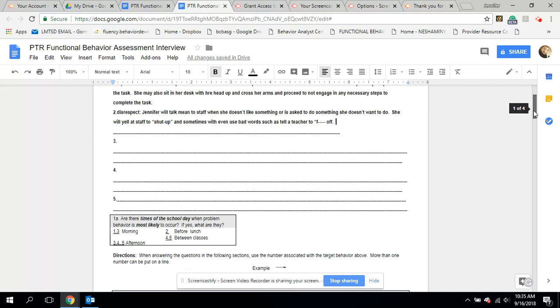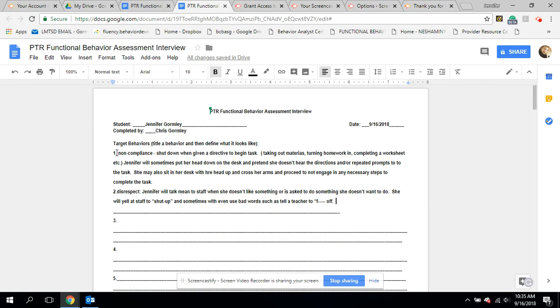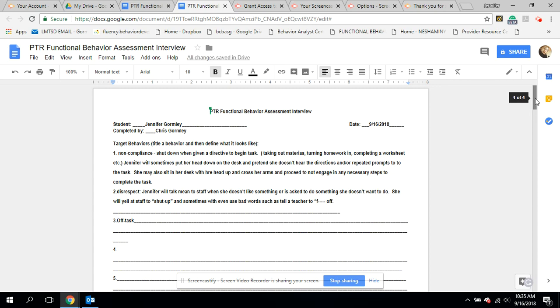If we go back up, we see our first behavior, number one, noncompliance, two, disrespect, and let's say there was a third behavior, off task. So you have three behaviors.